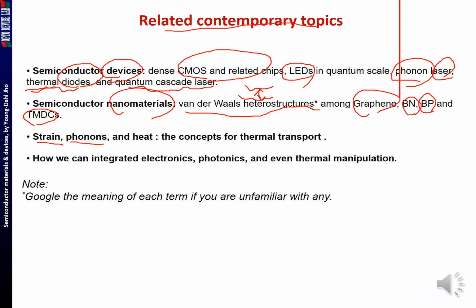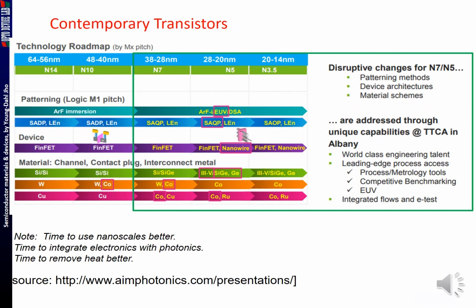Strain, phonon: strain means the lattice structure is distorted. It's found very often in semiconductor materials, and phonons and heat. These are related concepts for heat transport, and then integration among them. Those are contemporary topics. And we will ignore most of these topics for now, for this class.